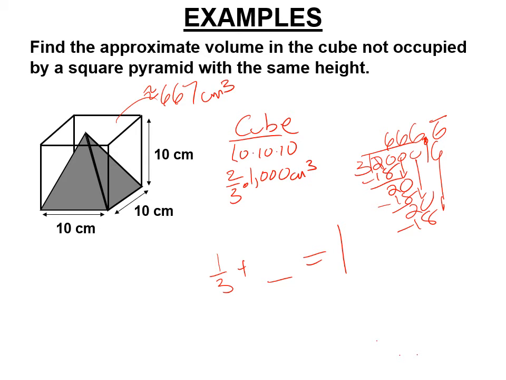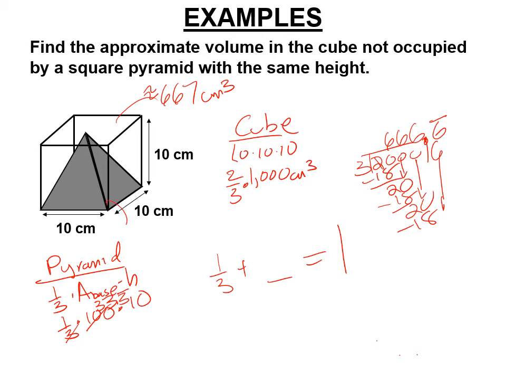The pyramid would have been 1/3 the area of the base times the height. 1/3, the area of the base is 100, times another 10. It's exactly 33.3 repeating times 10.